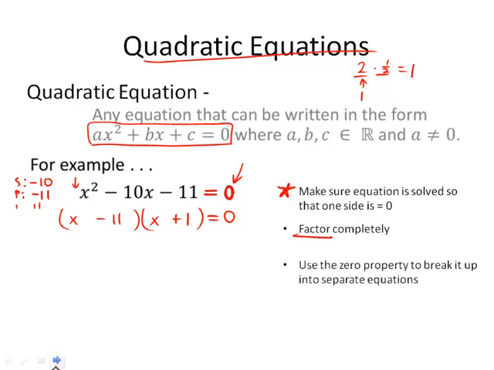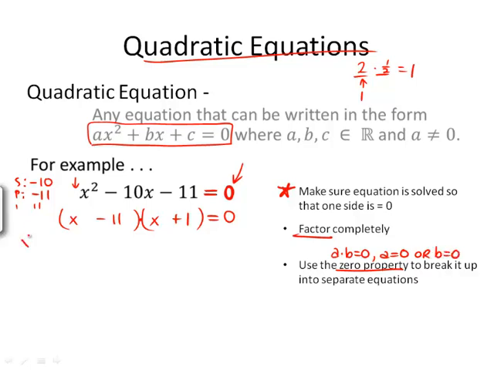Next, we can use the zero property to break up our equation into smaller equations that we can solve. Because we factored, we now have the product. Remember, the zero property states that if you have things multiplied equal to 0, then you know that one of them is 0.